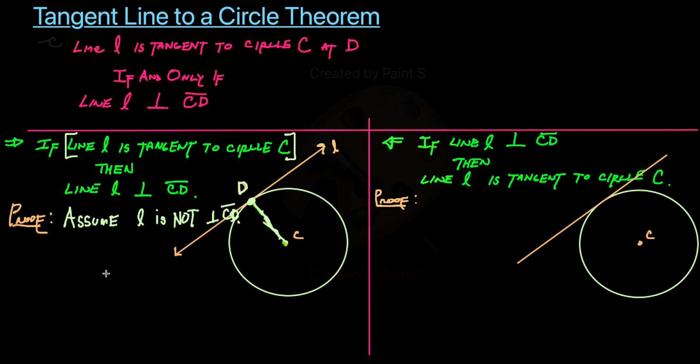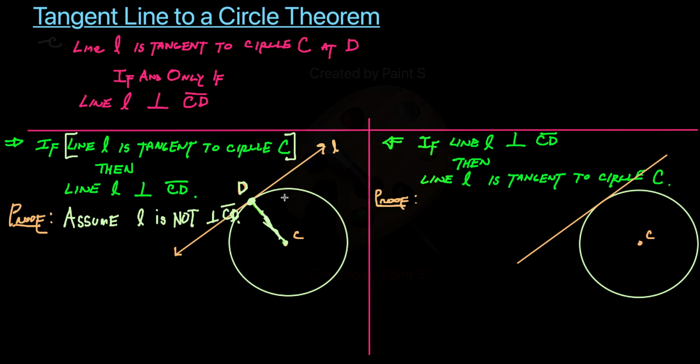Since we're assuming that it's not perpendicular, there has to be some other line from C to L that is perpendicular. That's a postulate.